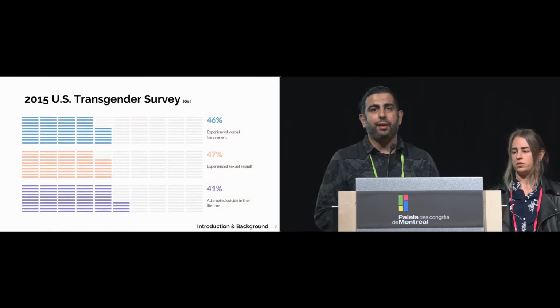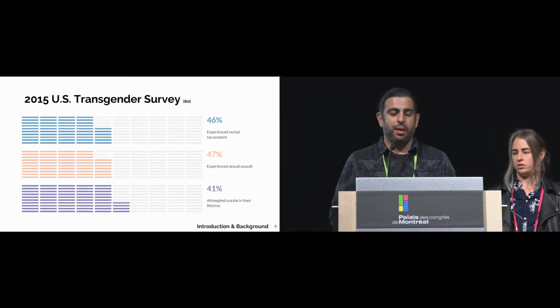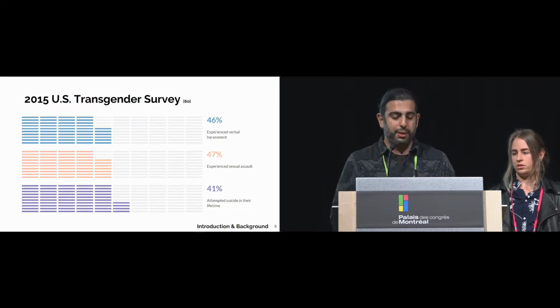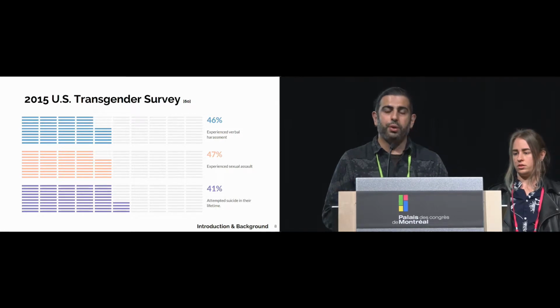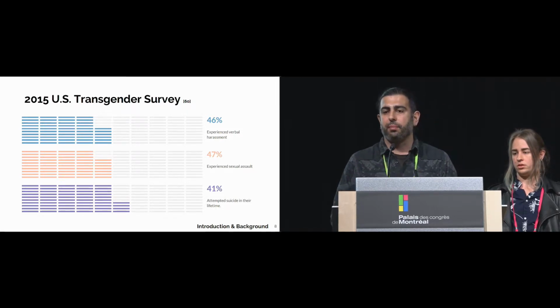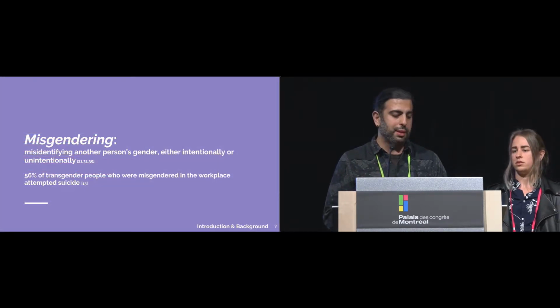The numbers are staggering. In the 2015 US Transgender Survey, 40–60% of the individuals reported that they experienced verbal harassment. 47% reported experiencing sexual assault, while 41% reported that they had attempted suicide in their lifetime. At the center of these experiences is the experience of misgendering.